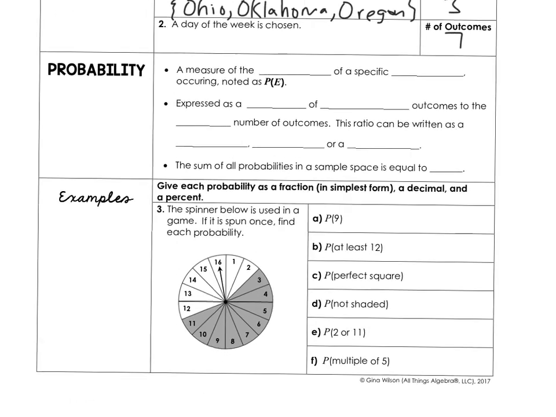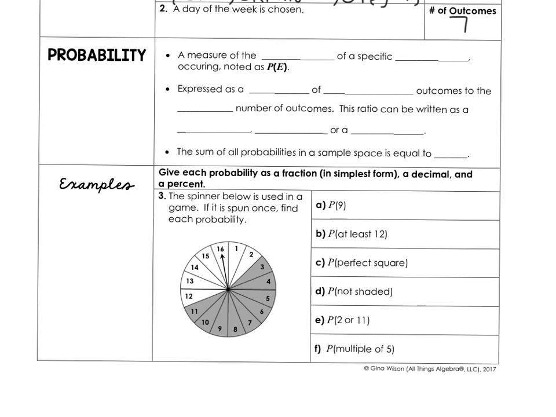All right, so talking more specifically about probability, probability is the measure of chance of a specific outcome or event occurring. And that's going to be noted as P, meaning probability of E, kind of your event happening. It's always going to be expressed as a ratio of favorable outcomes to the total number of outcomes.